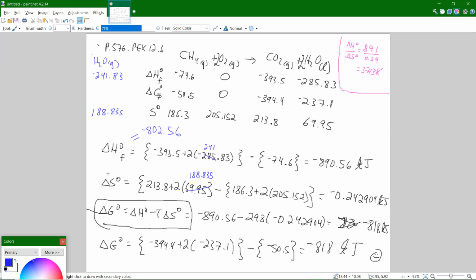Now that's in joules, so divide by 1,000: minus 0.005134 kilojoules.